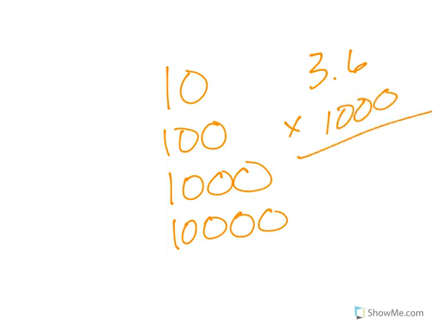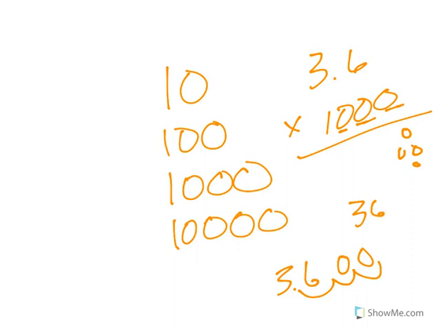So for example, if we took 3.6 times 1,000, I see so many times students will go through and they'll do the whole problem. They'll go 0, 0, and do all that. Well, that's just a waste of time. All you have to do is look at how many zeros there are and move the decimal. So 3.6 times 1,000, all you're going to need to do is move it 1, 2, 3 spots. So my answer would be 3,600.